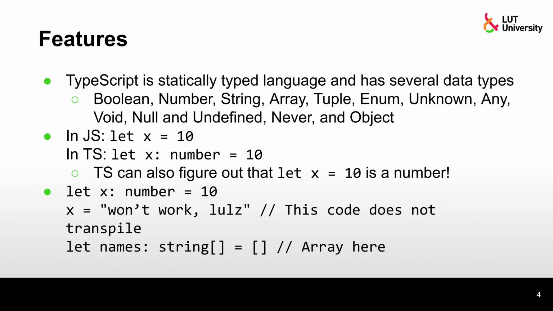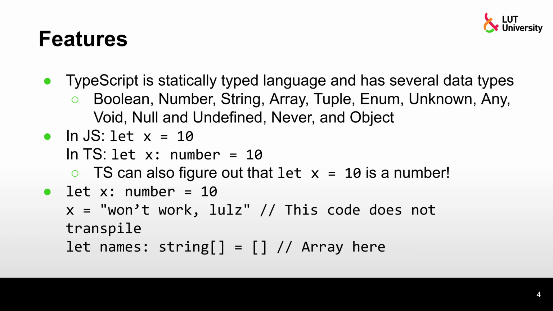A bigger example: if you are defining this number x that equals 10, and then you are trying to put some kind of a string there, then the compiler or transpiler will note that this does not work. And if you are using Visual Studio Code, it will give a red underline to this string, saying that this is not legal.